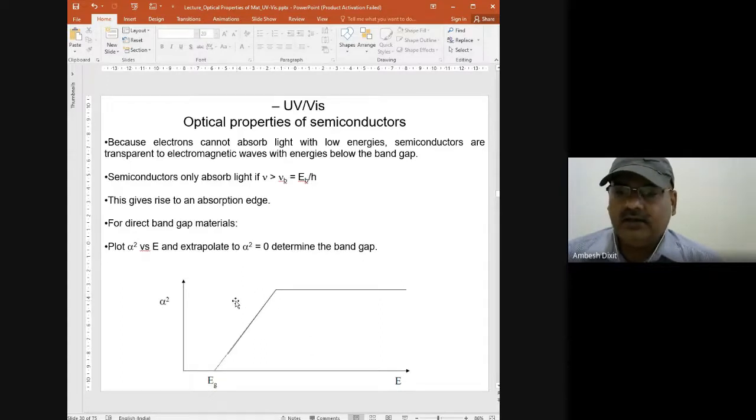So again, measuring alpha as a function of energy, if I plot alpha square versus E, and if I see a direct sharp transition in my alpha with respect to the zero portion, then I extrapolate that particular region to extract the band gap value. And if this sharp straight region comes in alpha square versus E, then it is a direct band gap. However, here no phonon transitions are involved.